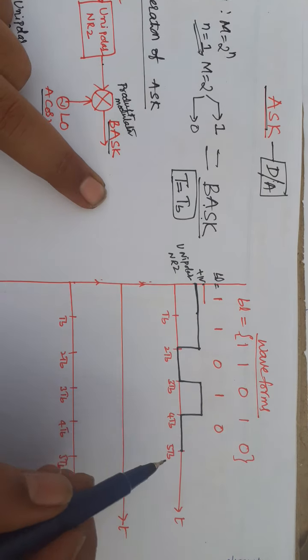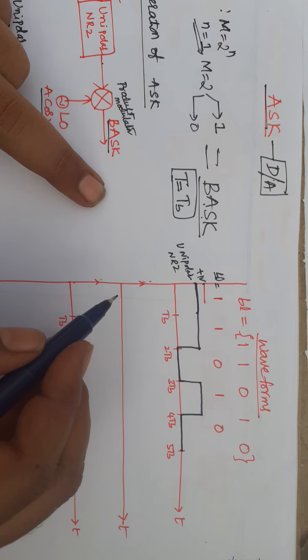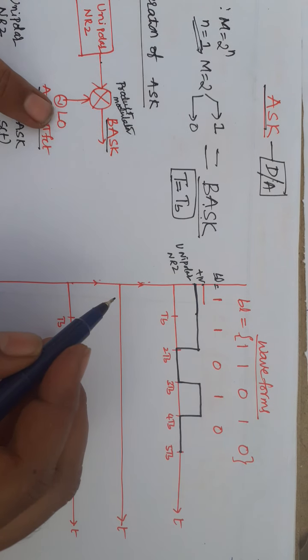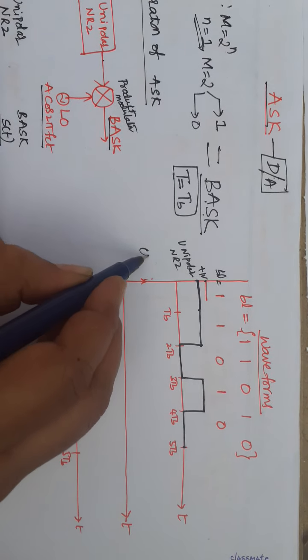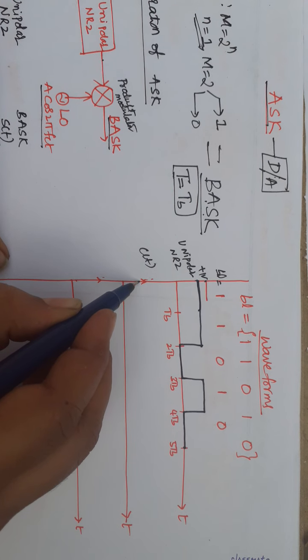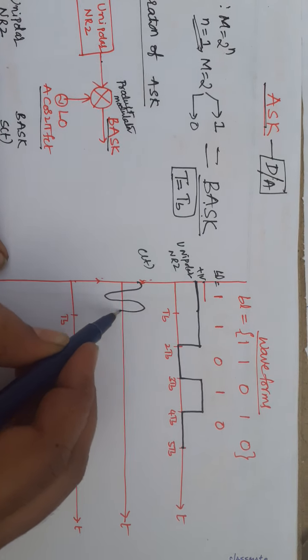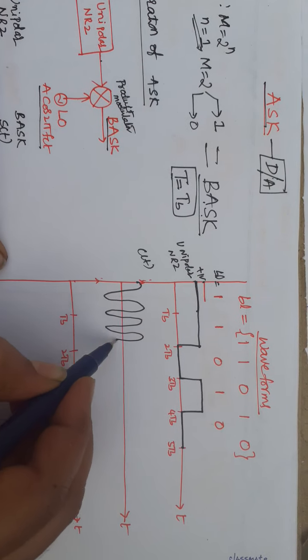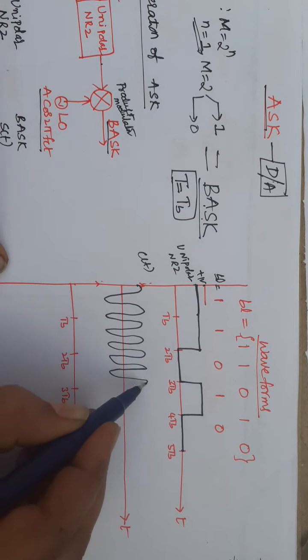This unipolar NRZ output is multiplied with the high frequency carrier signal c of t. Now this is my high frequency carrier signal c of t.